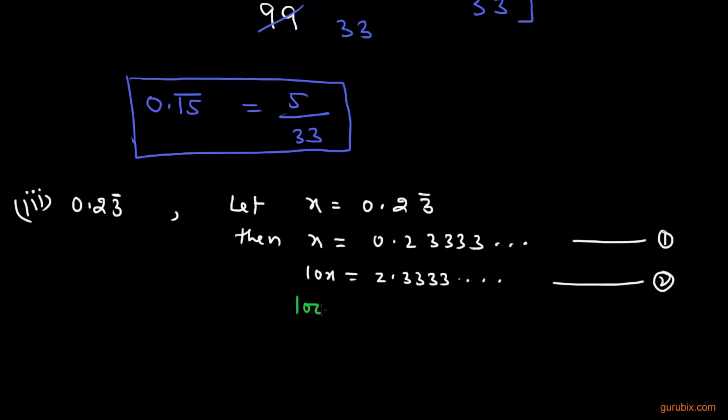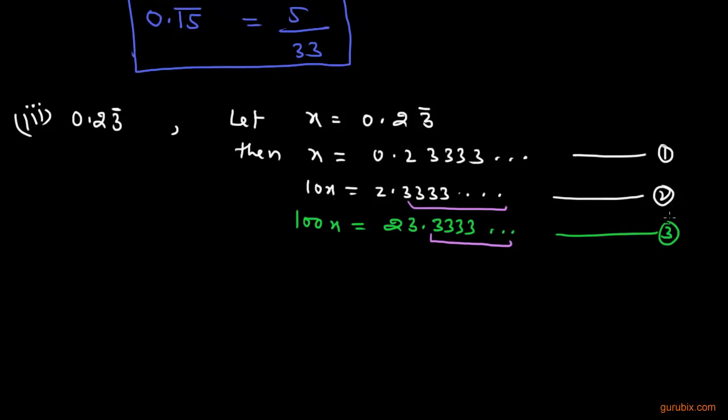We get 100x equals 23.3333 dot dot, and let this be equation number 3. Now what we observe is that the decimal parts of these two values are the same, so we can subtract equation 2 from equation 3.